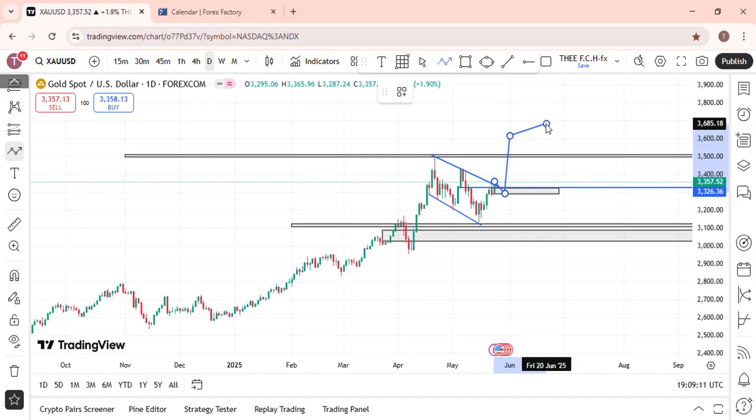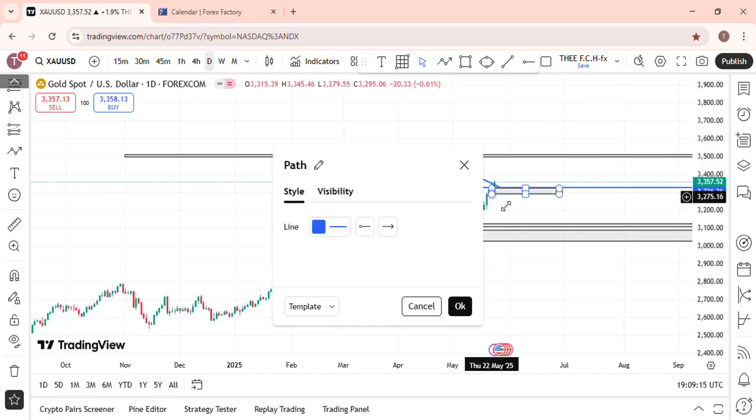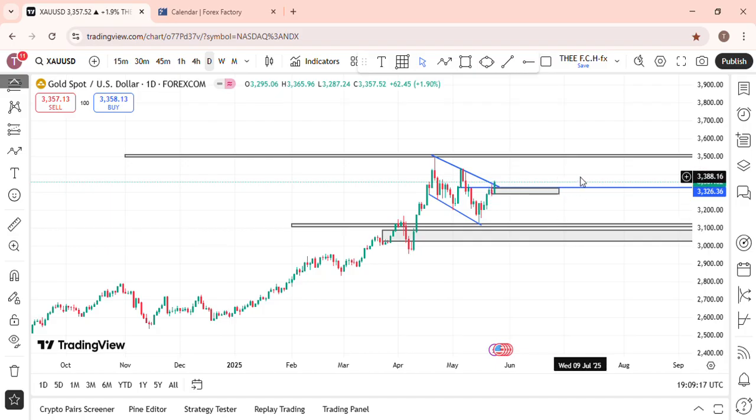So if the market comes back to these levels, inside this box around 3290, 3291, if the market comes to this, we will now have a good chance for us to buy.